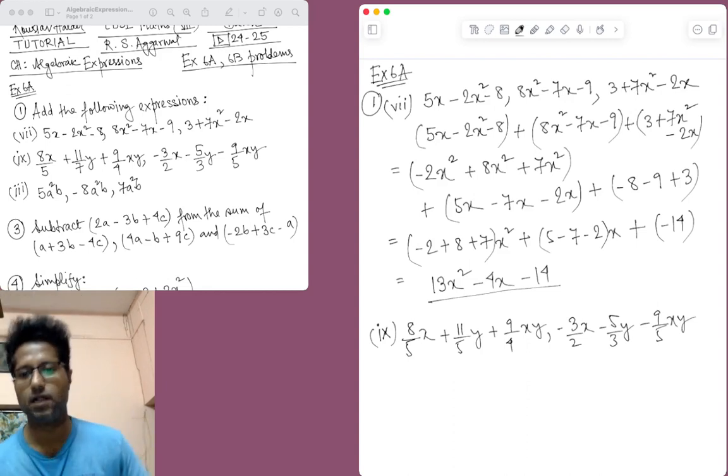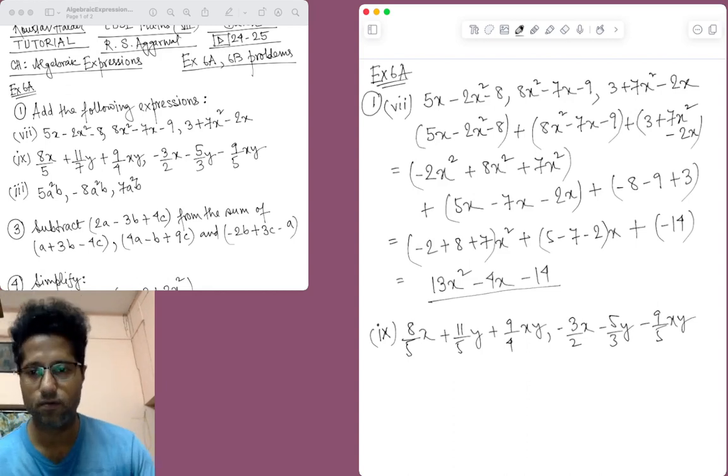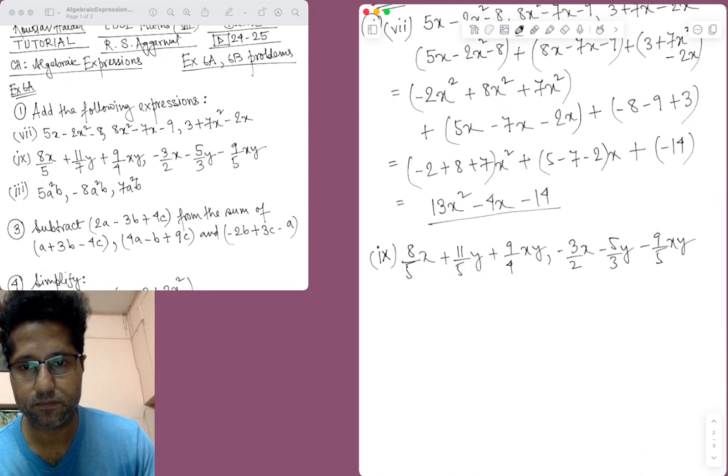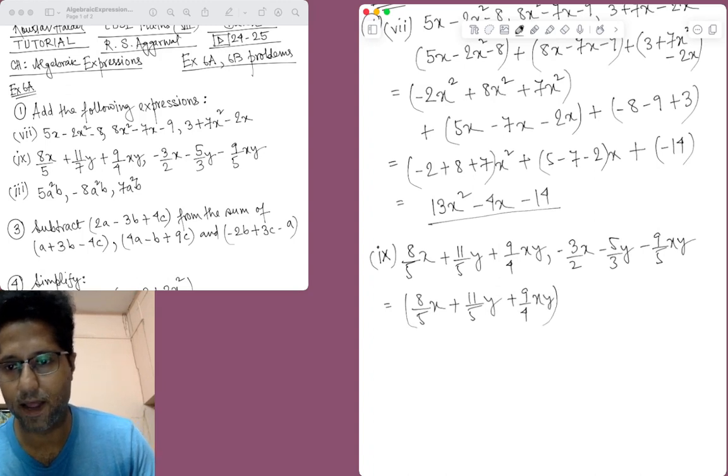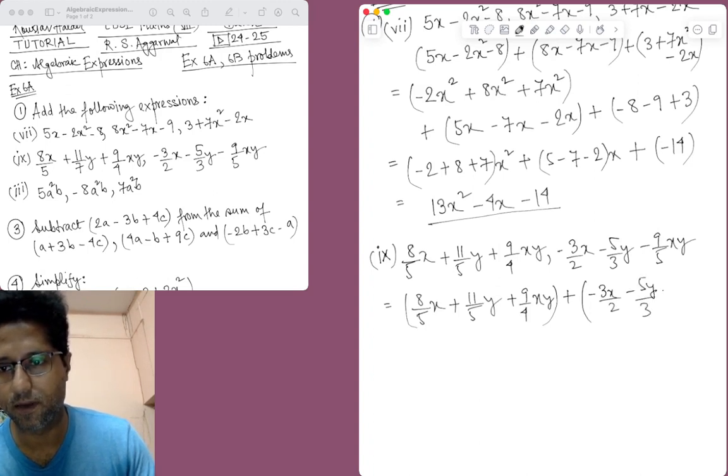So we are given two algebraic expressions and we have to add them. So this is the first algebraic expression, 9 by 4xy, and we have to add the second algebraic expression, which is minus 3x by 2 minus 5y by 3 minus 9 by 5xy.